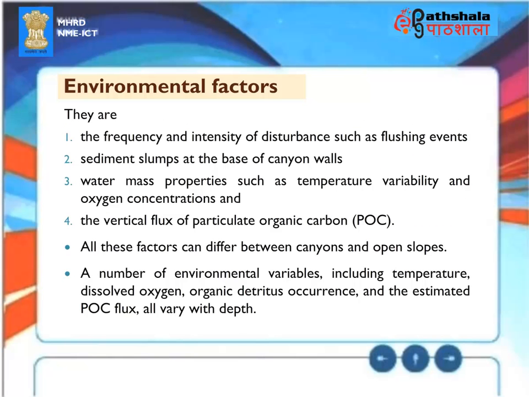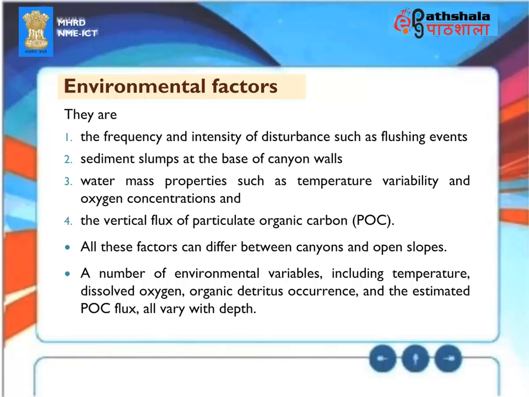They are the frequency and intensity of disturbance such as flushing events, sediment slumps at the base of canyon walls, water mass properties such as temperature variability and oxygen concentrations, and the vertical flux of particulate organic carbon, POC. All these factors can differ between canyons and open slopes.